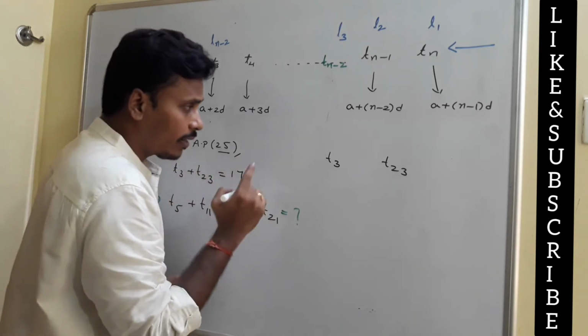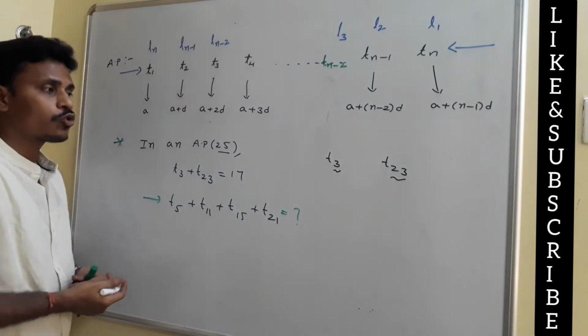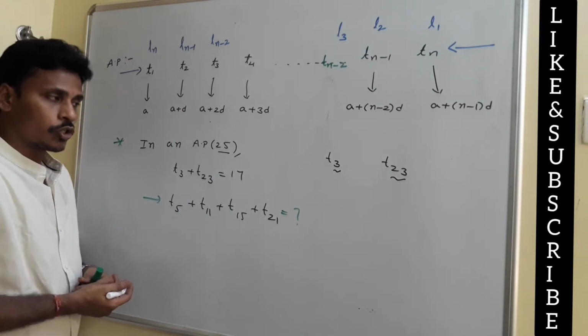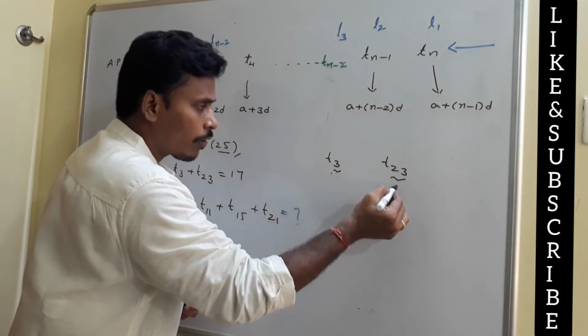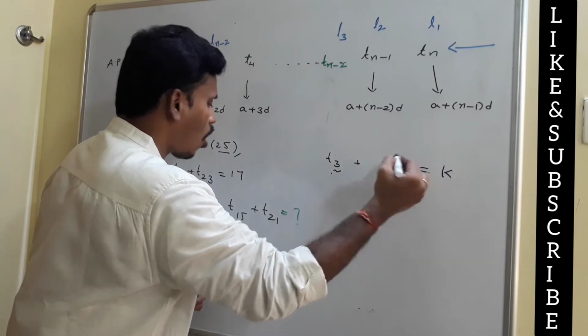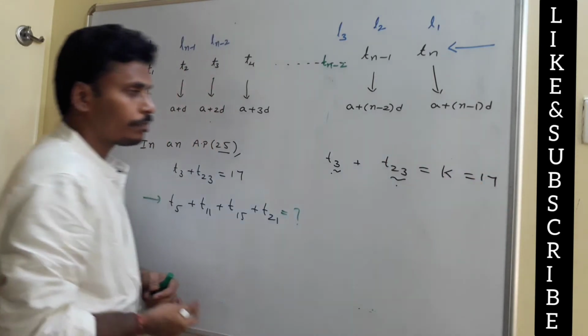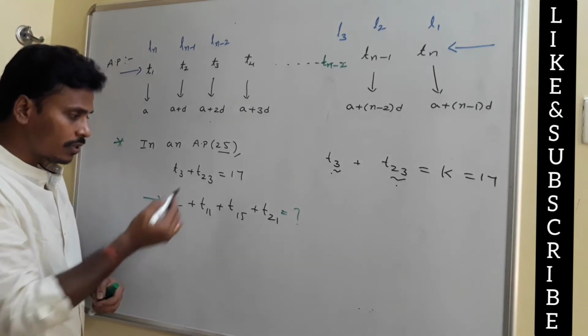You need to look at that, right? This 3 and this 23, the sum of those two values is 26. So this is the third term from the start and this is the third term from the end. So the sum of these two terms is given as 17 here, right? With that idea, just look at this.